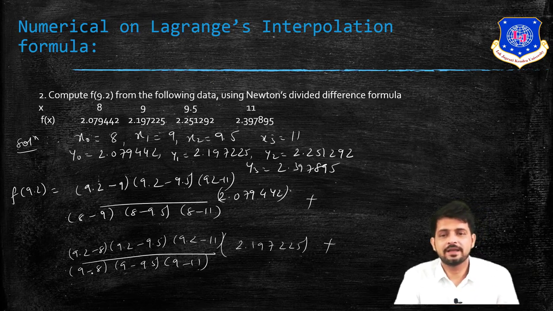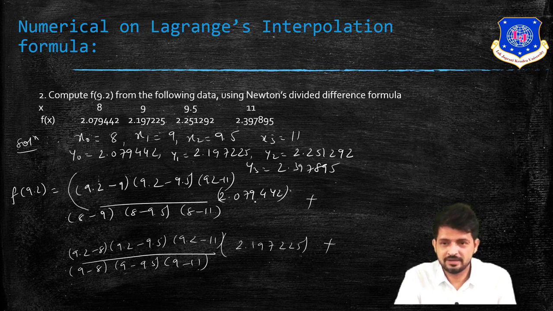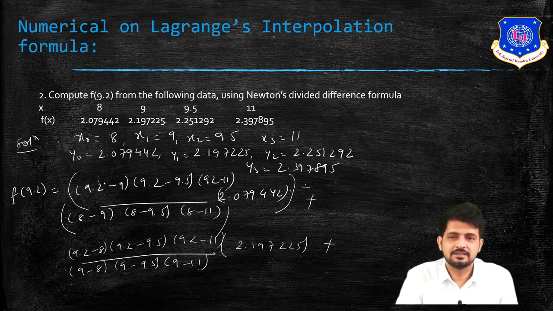How can I solve in a single step? This is the main question. See, here you can make a bracket, one bracket here, then a division sign and an opening and closing bracket. If you solve the whole numerical in a single step by using proper brackets, then it will be very easy for you to get the answer.